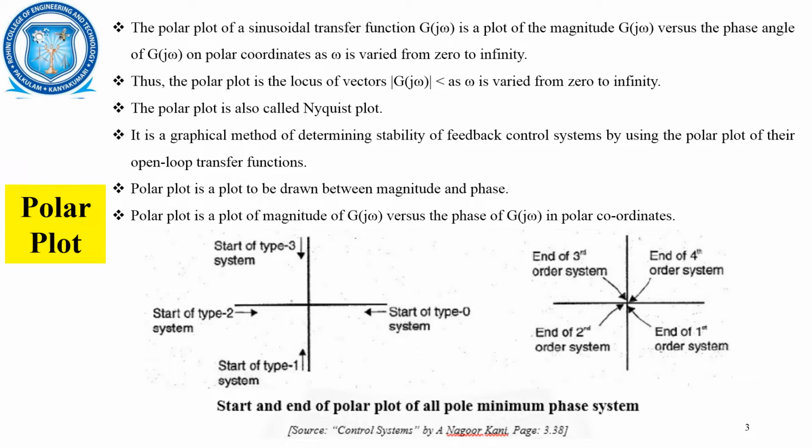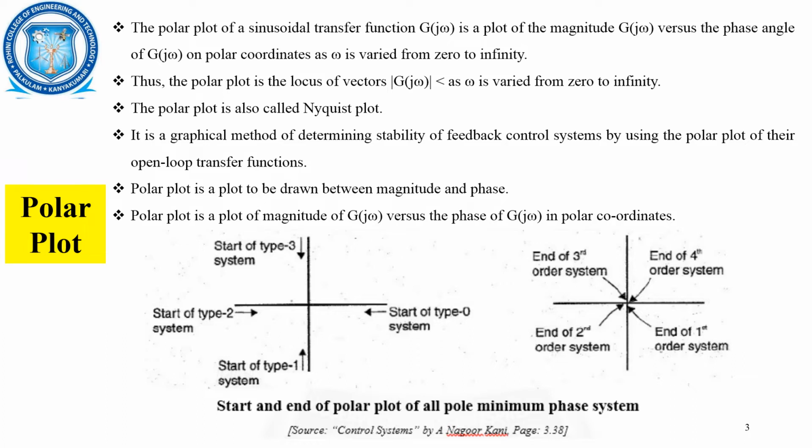And here, if it has an order of 1, a first order system, then obviously the plot will end in this quadrant. Similarly, if it is a second order system, then it will end in this third quadrant.